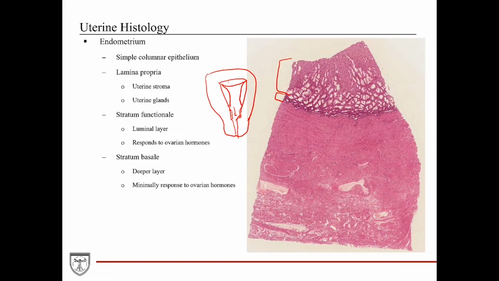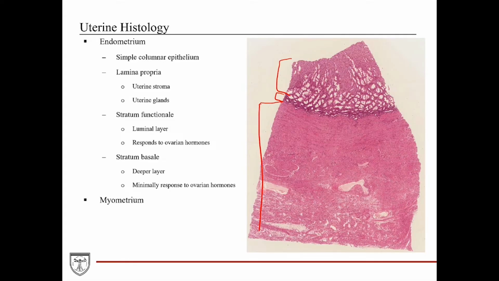So the ideal location for any conceptus to implant and grow would be in the endometrium of the fundus or even the body. The basal or the inferior portion is not the ideal location due to the fact that the functionale layer is actually almost non-existent down here. Now, outside of the endometrium, we have the thickest layer of the uterus called the myometrium.